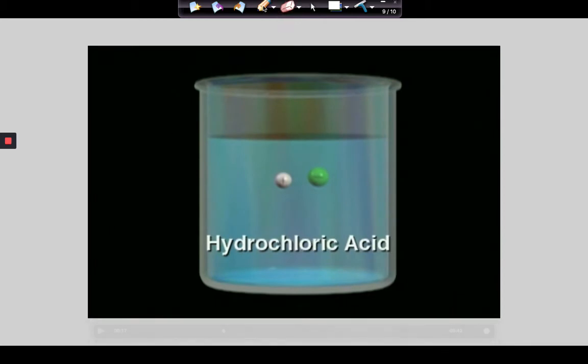So when HCl dissolves in water, it breaks into hydrogen ions, white, and chloride ions, green. But guys, to be clear, what's missing from this picture? Is this really what's in solution? It is not. What's missing? The water. So guys, what actually happens is this.